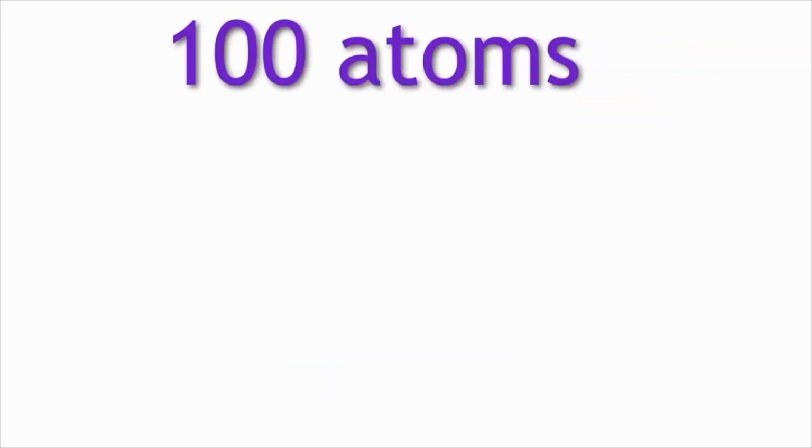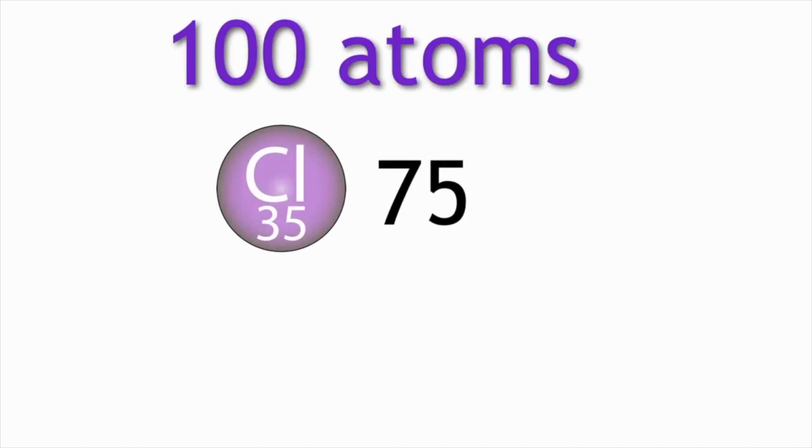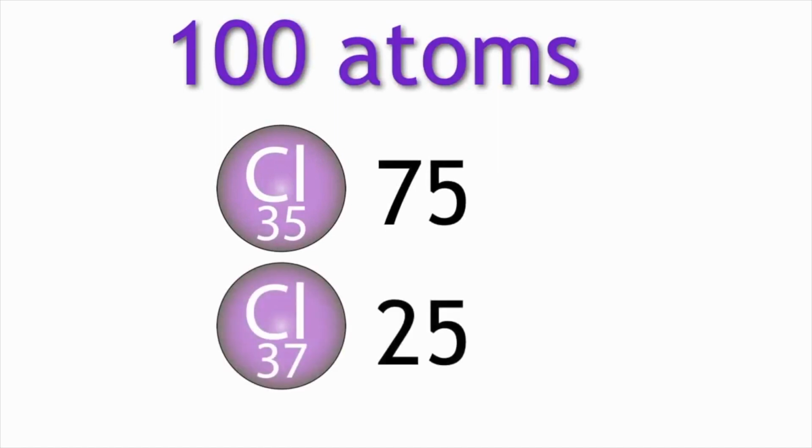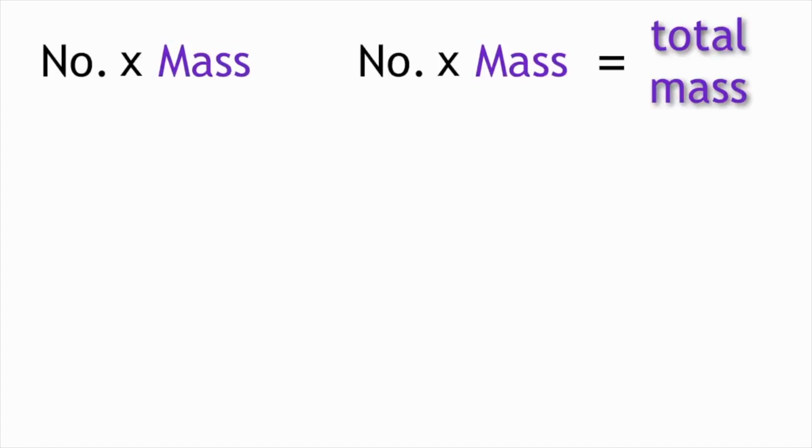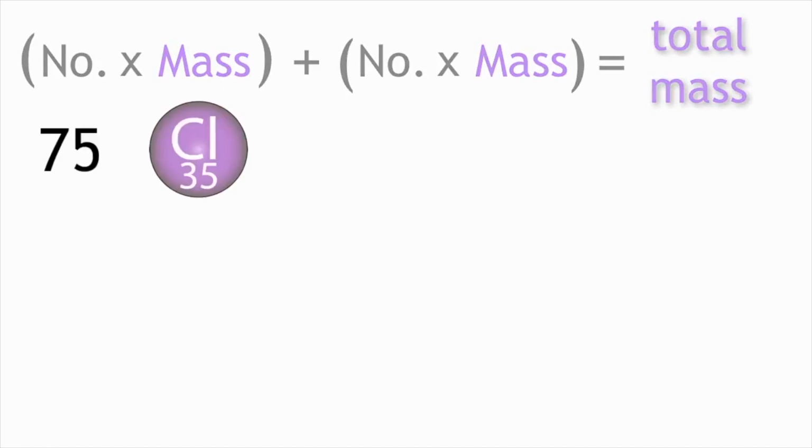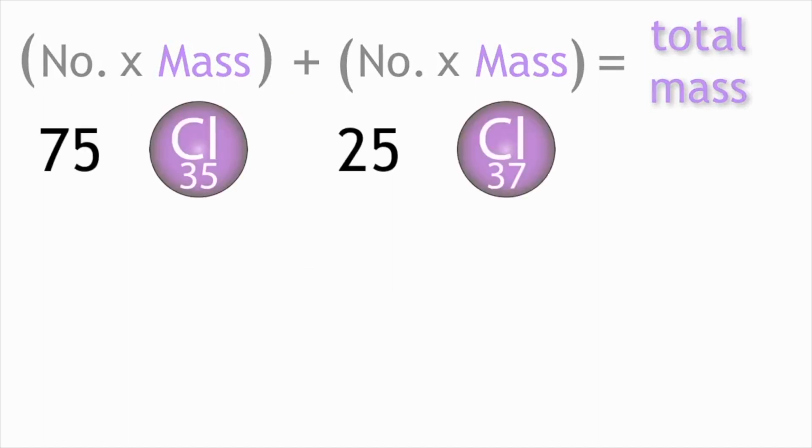So say we had a simple sample of 100 atoms of chlorine. We would have 75 atoms of chlorine 35 and 25 atoms of chlorine 37. We first find out the total mass of the sample. We do this by multiplying the mass of each atom by the number of atoms present for each isotope, and then we add them together. For chlorine 35, there are 75 atoms, and for chlorine 37, there are 25 atoms.